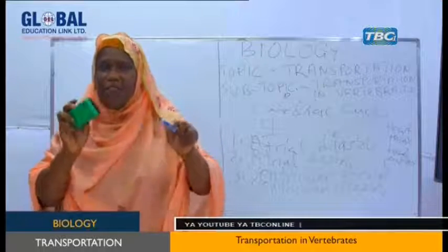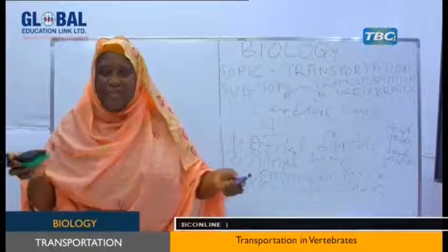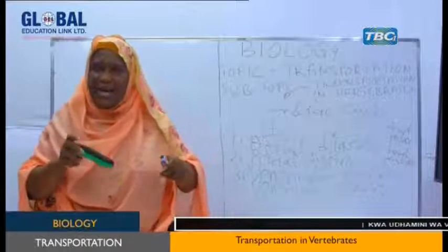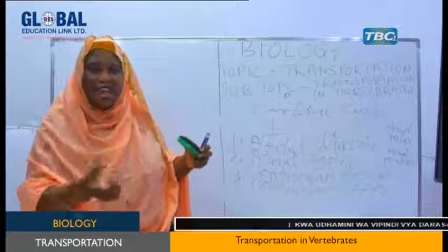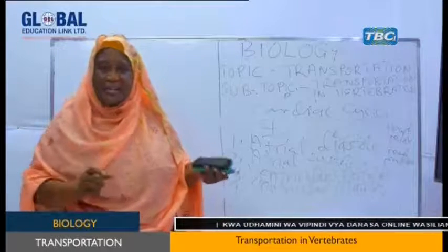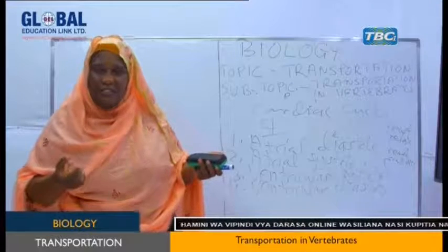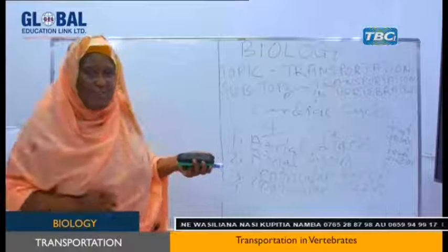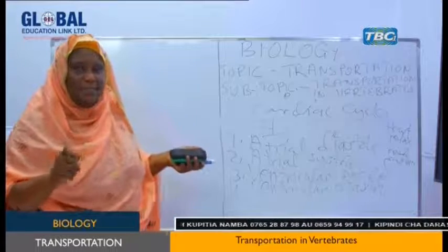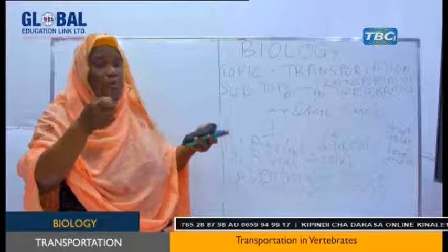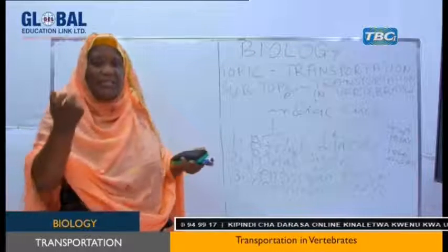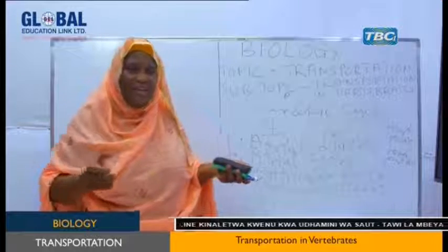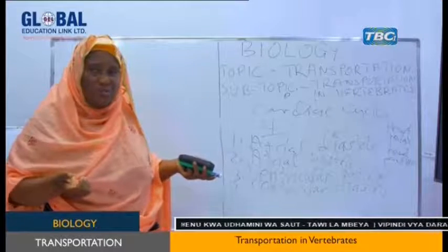The entry of blood to the atria will continue and make the pressure in atrium to be higher than the pressure in the ventricles. When that point is reached, we expect that pressure to push the valves there, atrioventricular valves, which I have already discussed with you.